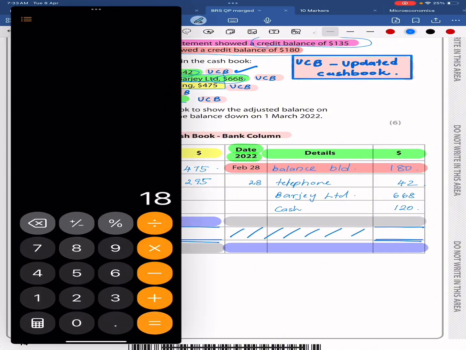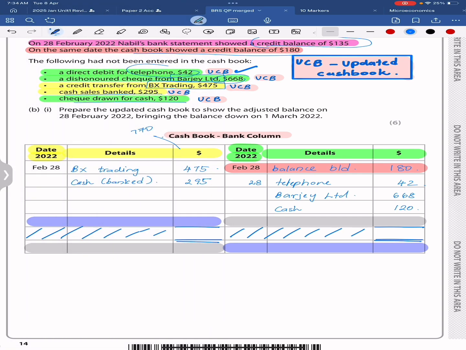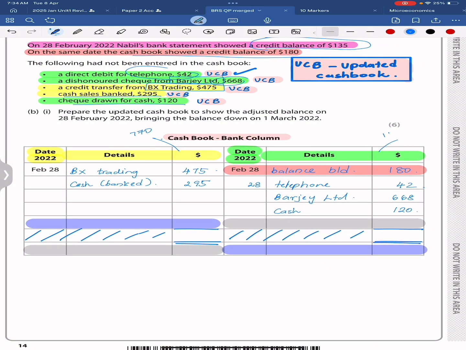Whereas on the credit side, 180 plus 42 plus 668 plus 120, 1010. The credit side total is greater, therefore bring it down to the total, which is 1010.